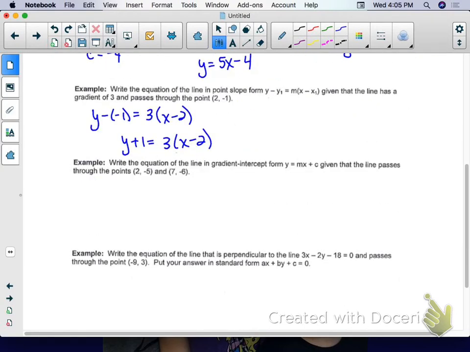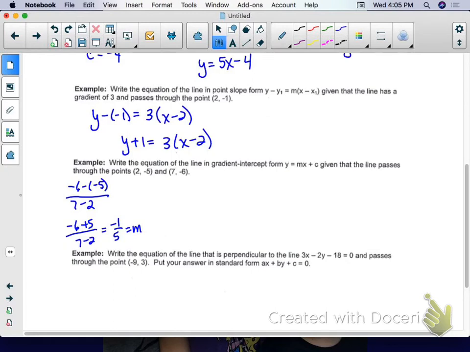Next, write the equation in gradient-intercept form given that the line passes through the 2 points there. So I need my slope first. So that's going to be negative 6 minus negative 5 over 7 minus 2. That's going to be negative 6 plus 5 over 7 minus 2, negative 1 over 5. Okay.